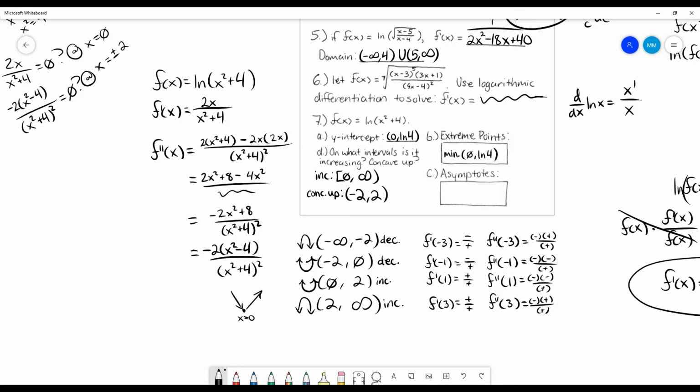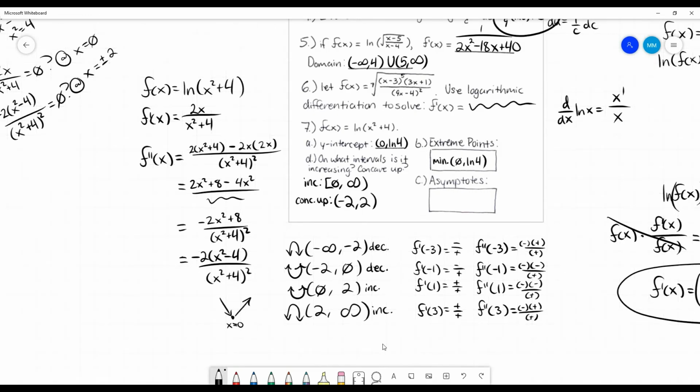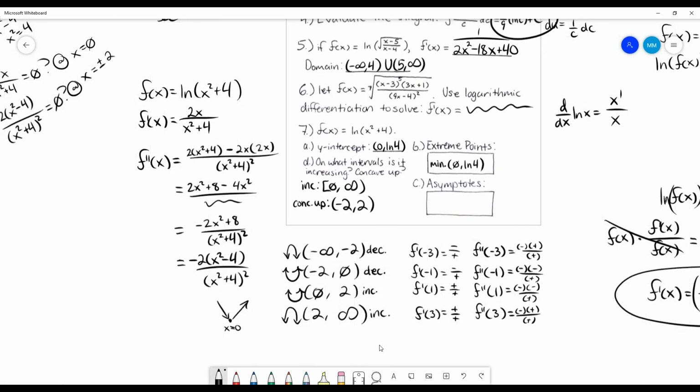Now all that's left is figuring out asymptotes. If we know anything about our natural log, we know that there are no horizontal asymptotes. Or, hold on. Let me just double check that I'm not mixing that up.